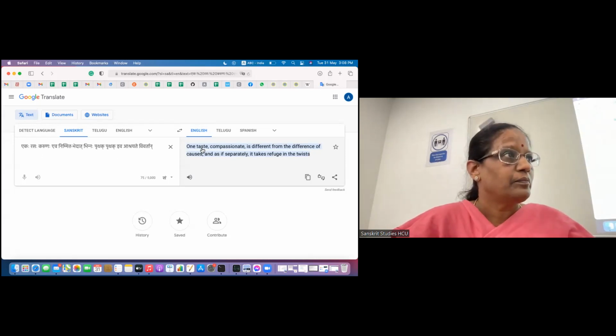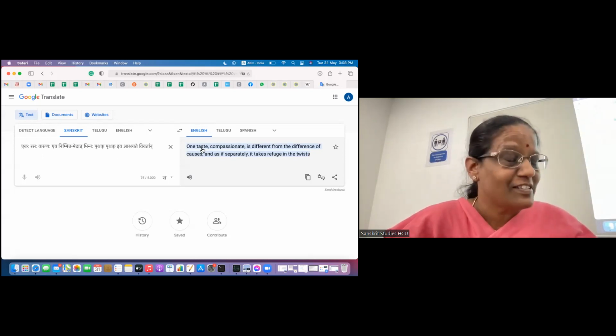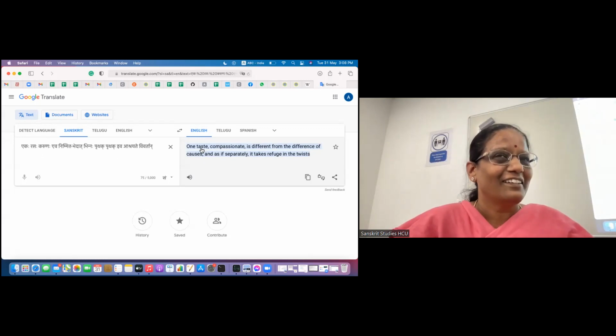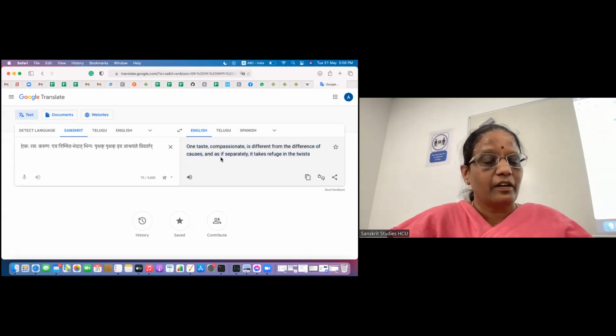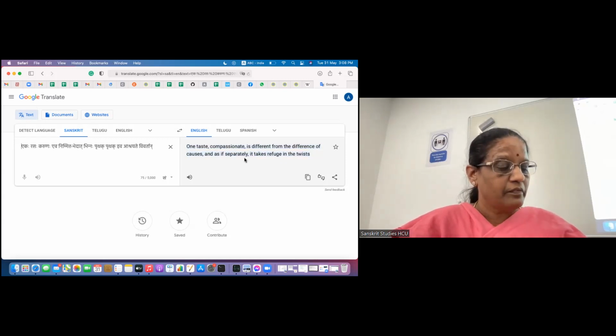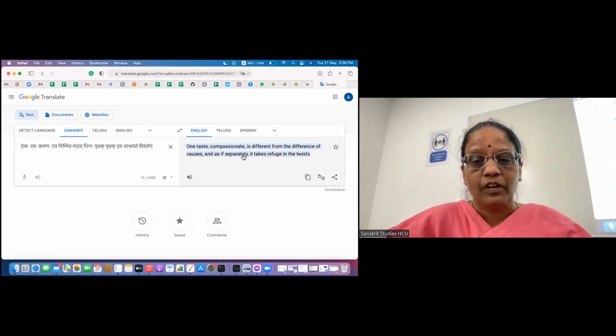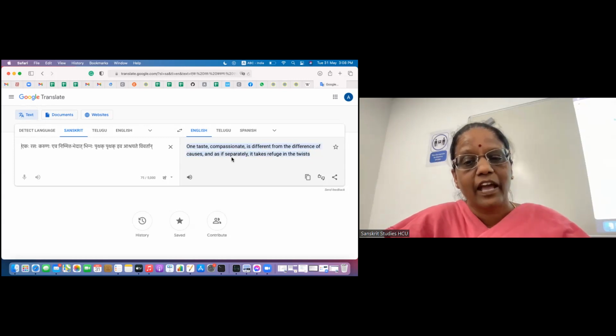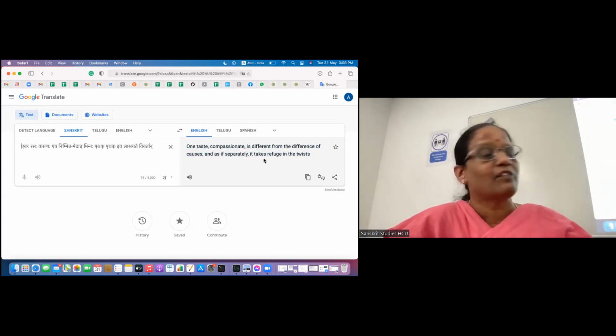But how to translate it? It is untranslatable. Rasa is its own philosophical or literary concept, the rasa of a poem, of a book. And another thing is, if you look at the remaining part of it, "one taste is different from the difference of causes, and as if separately it takes refuge of."